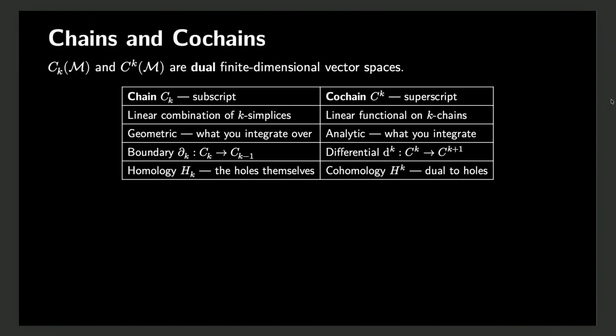So multiple simplices. And the cochains are your discrete differential forms, so they're like the analytic things you integrate. And they have different operators active. We have the boundary on chains and the discrete exterior derivative on the cochains, and you could do homology on the chains and cohomology on the cochains.